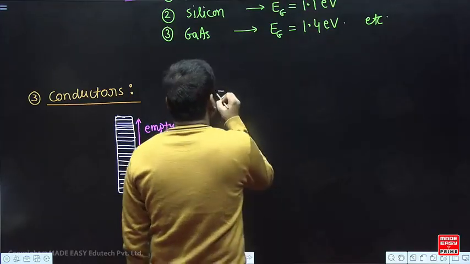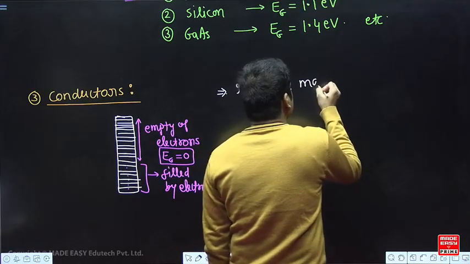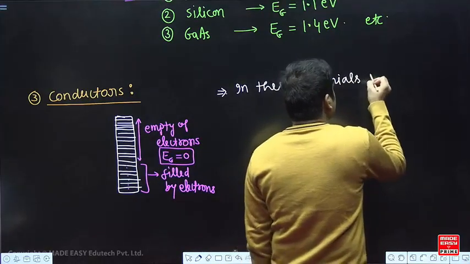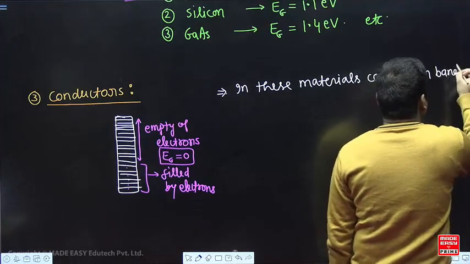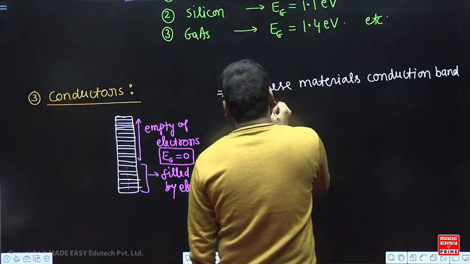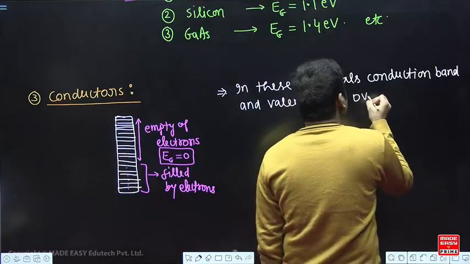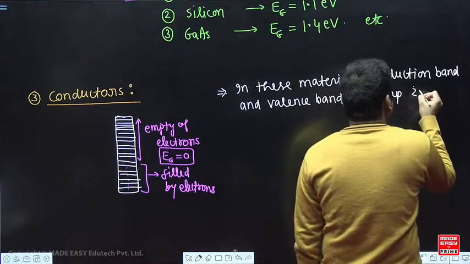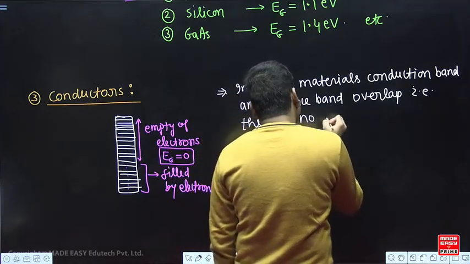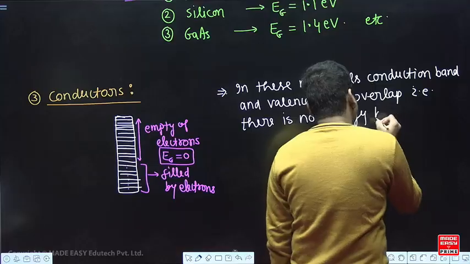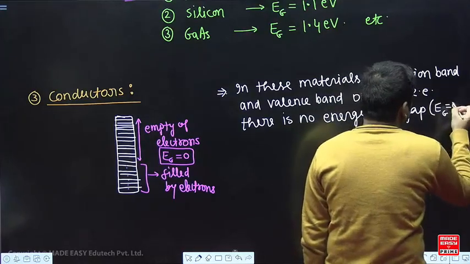So you can say that in these materials the conduction band and valence band overlap. That is, there is no energy band gap. Eg is equal to 0.